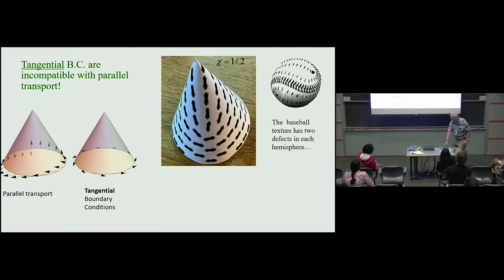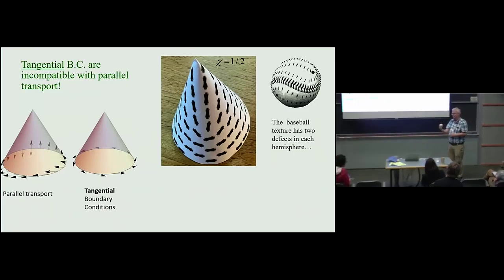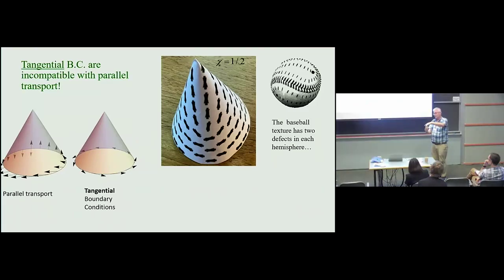So we could imagine going to this cone in another way. Take the northern hemisphere of this baseball and pull it into a pointy cone, just the northern hemisphere. You can preserve the tangential boundary conditions. If you look at the northern hemisphere of this baseball, maybe I'll pass it around now, you'll see that there are two defects in the northern hemisphere, two defects in the southern hemisphere, not surprisingly.